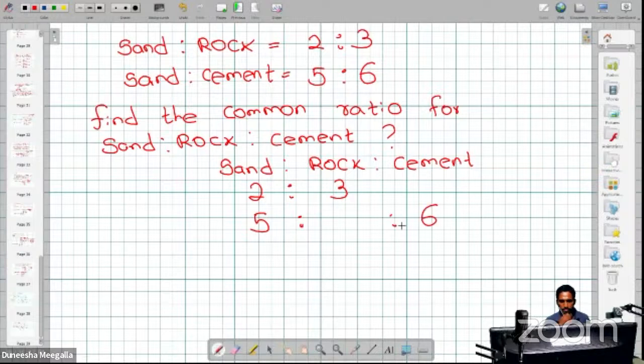Then look, what are the common ratios? Common what? Sand is the common one for both. Can you find the 2 and 5? What is the least common multiple? You can refer to the previous example.